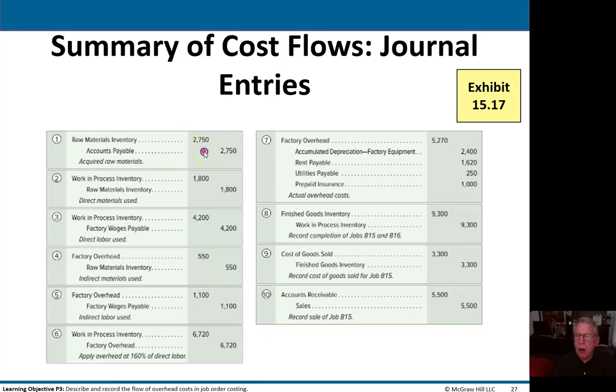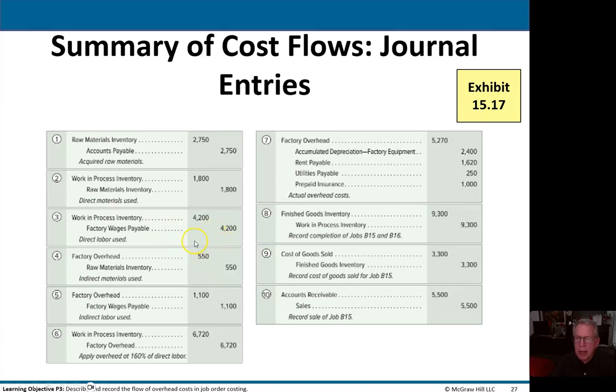Here's where we acquired raw materials, we debit raw materials, credit accounts payable. Here's where we move that direct materials into work in process inventory. That's direct materials. And here's where we move direct labor into work in process inventory.